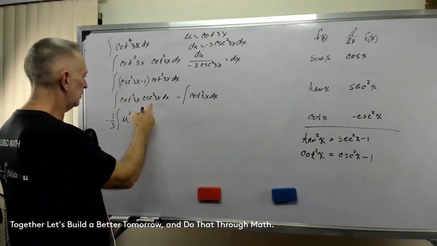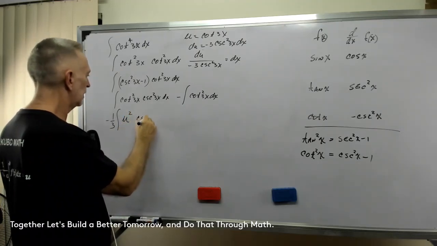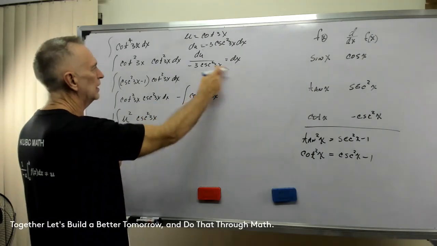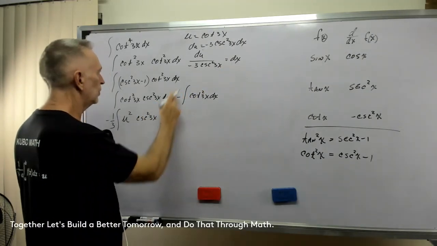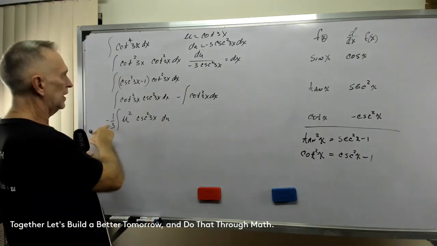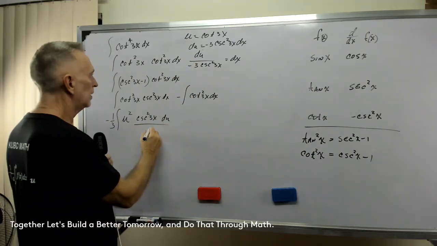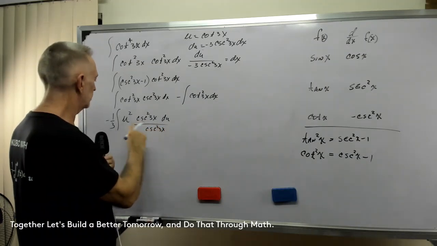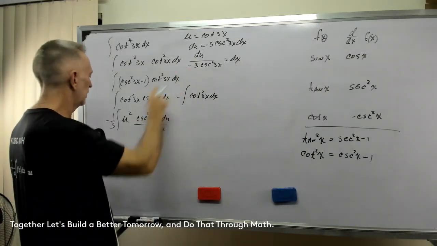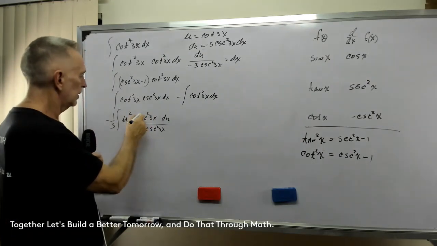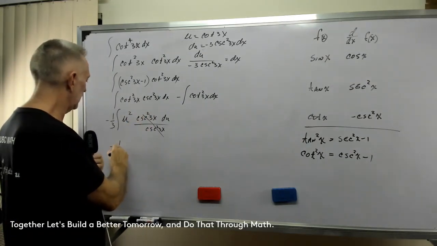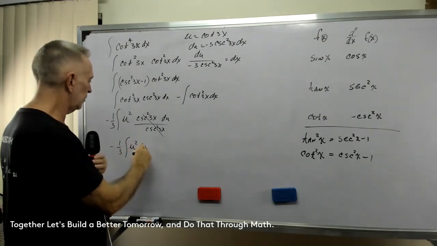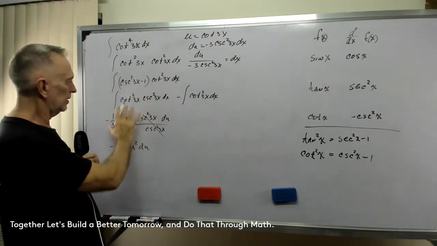Now we still have this cosecant 3x squared. dx is du over negative 3 cosecant 3x squared. So that's the 1/3 I had here, negative 1/3. These cancel, and I have minus 1/3 the integral of u squared du. All right, that took care of this part.